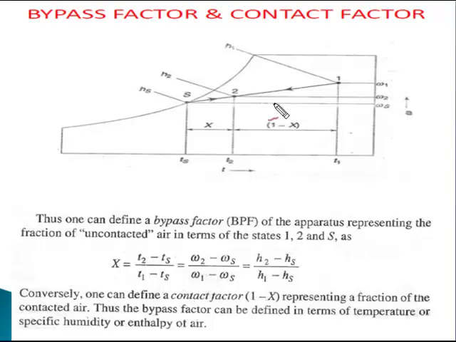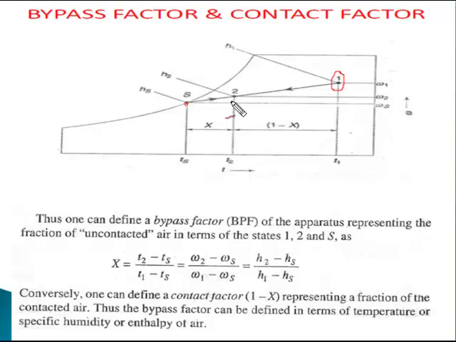In this psychrometric chart we can see air enters from one point to the cooling coil which has the saturation temperature Ts, that is also known as the ADP temperature for this process.